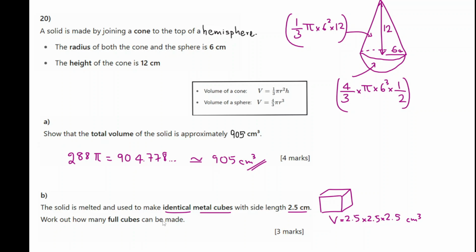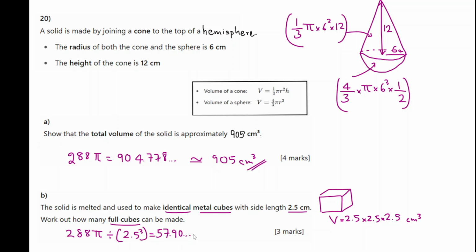So all I need to do is 288 pi. I'm going to divide it by 2.5 cubed, which is this one here. So let's do this on the calculator, and it gives me 57.905... Now, I know it's very close to 58, but it's 57 point something.